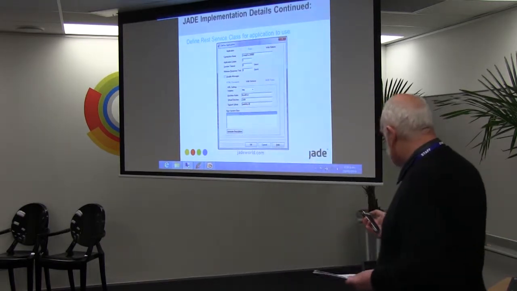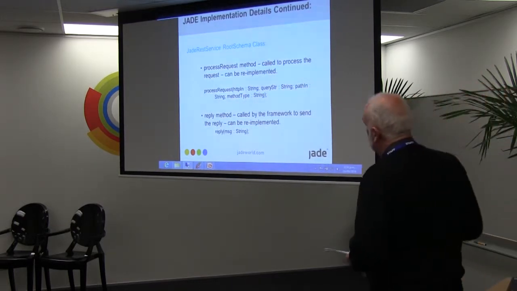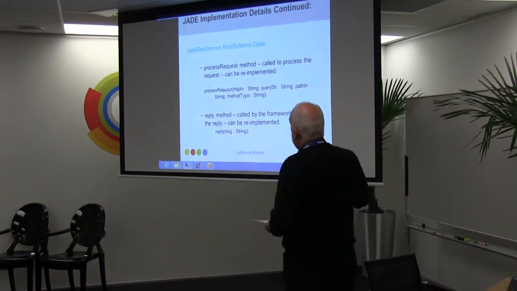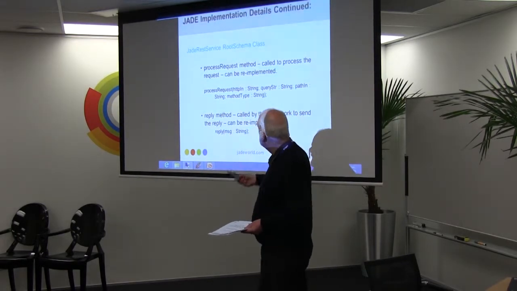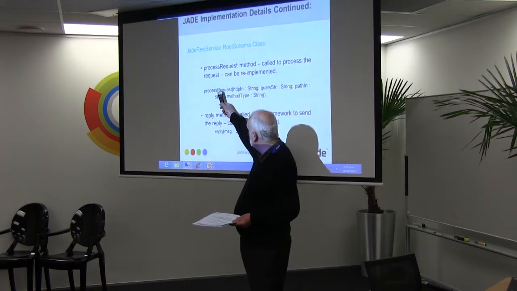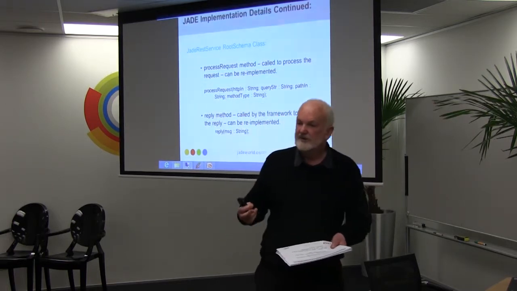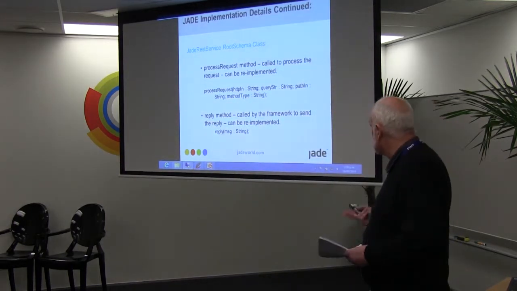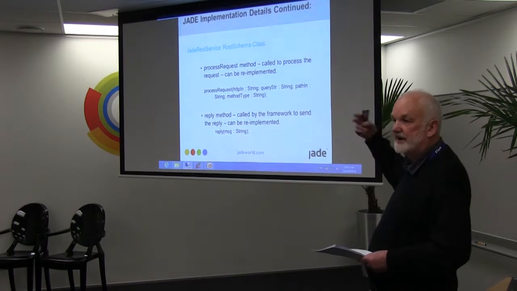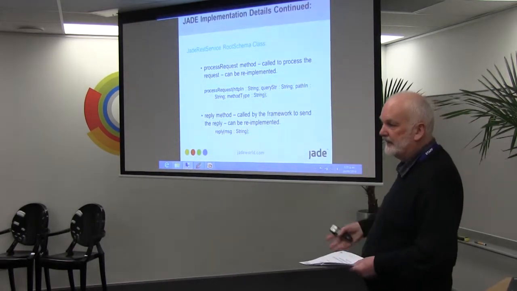The other things that are available on that class are two methods similar to what web services does. When a request is received, we call this method process request. So if you re-implement that on your subclass of Jade REST services, then you can intercept what comes in and do logging, or maybe even fiddle with the data.